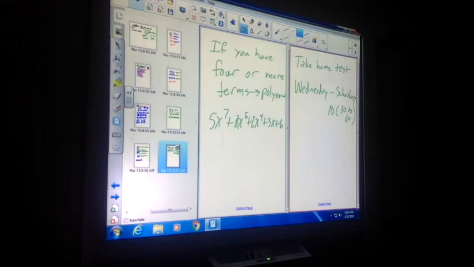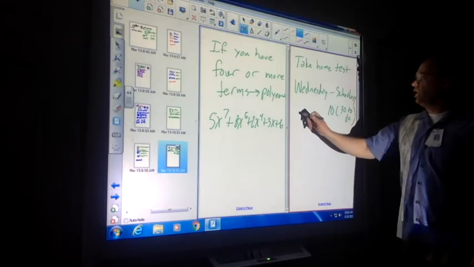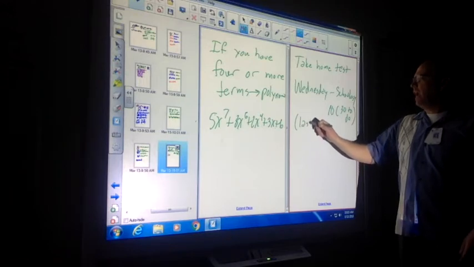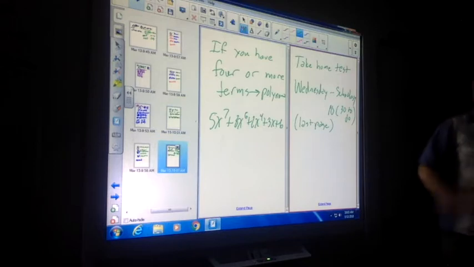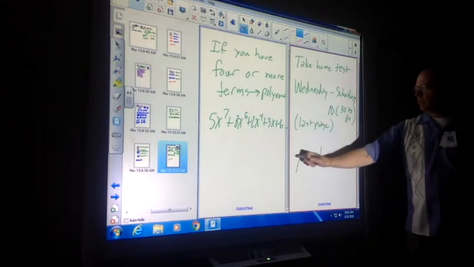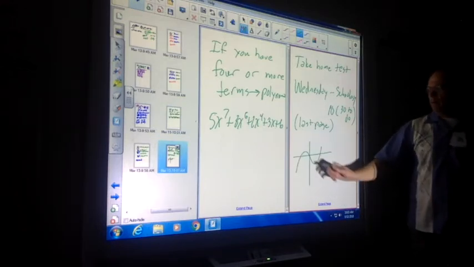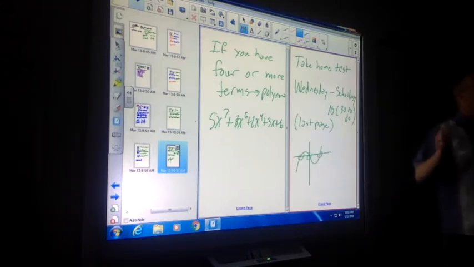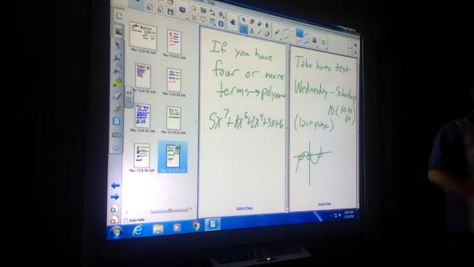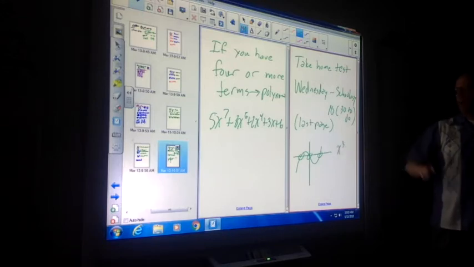And then the other part on Schoology has the last page of the take-home test. It looks like that. The fundamental theorem of algebra says, hey, it crosses the x-axis 3 times, so this must be raised to what power? This is an x to the 3rd power type of thing.